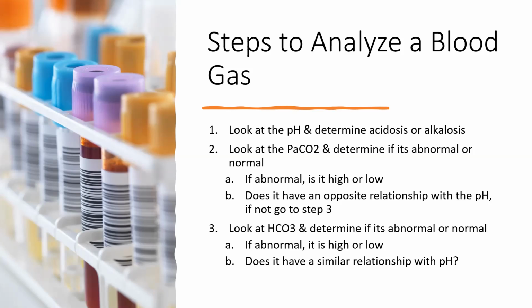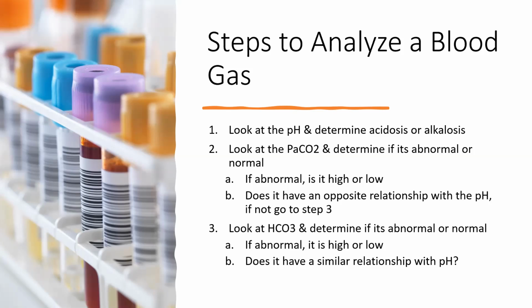If the pH is too high, then we expect the CO2 level to be lower. If it does not have an opposite relationship, so this is 2B, does it have an opposite relationship with the pH? If it does not, then we move on to step 3, which is looking at the bicarb.